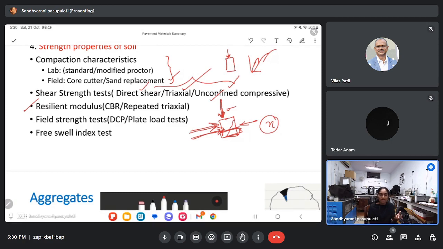So there will not be any deformation, or even if there is any deformation, it can be recovered. We consider that recovered deformation, and the stress I am applying at that time, and that ratio we use to calculate the modulus value. That is what is called the resilient modulus value, or we can also call it the elastic modulus value.